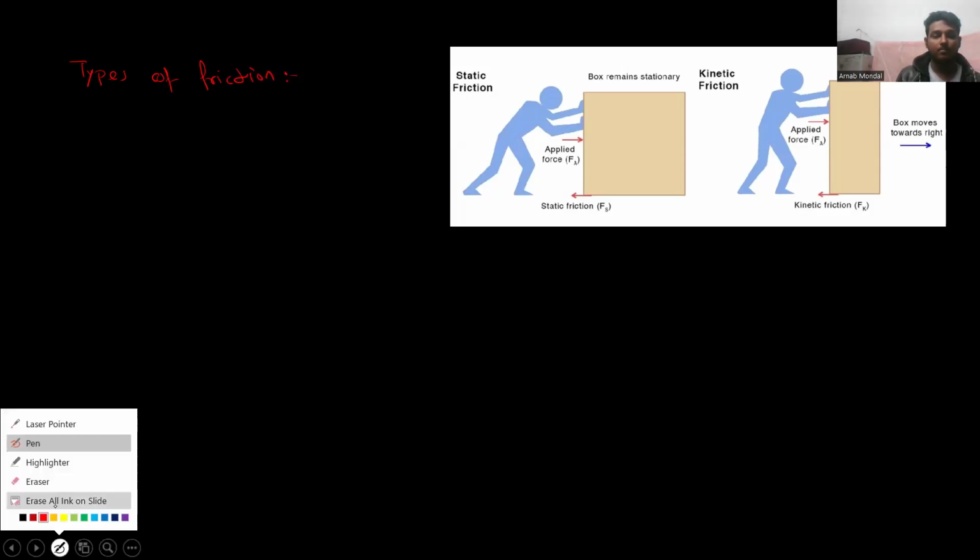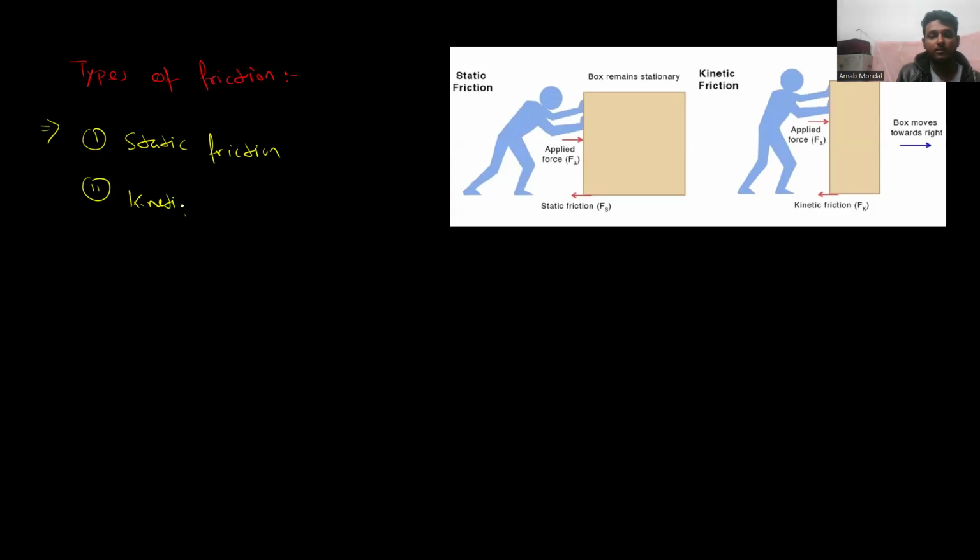Types of friction. Mainly there are two types of friction present. As you can see in the diagram, one is static friction and another is dynamic, sorry, kinetic friction.